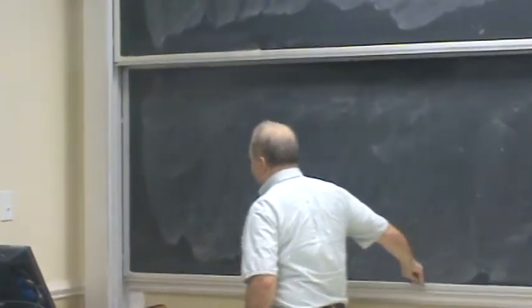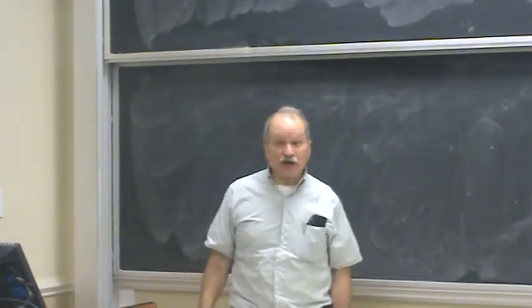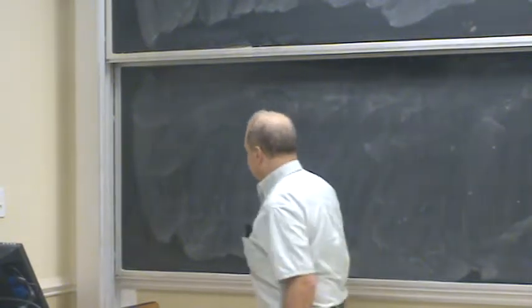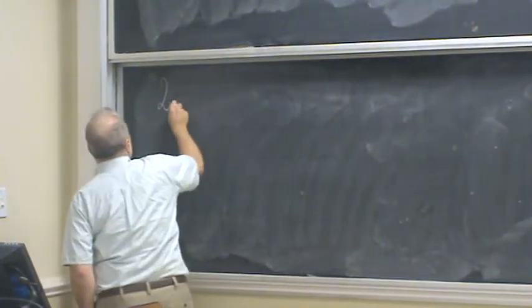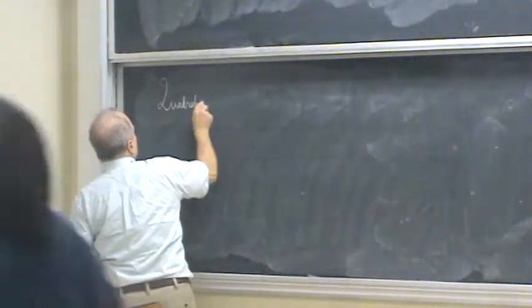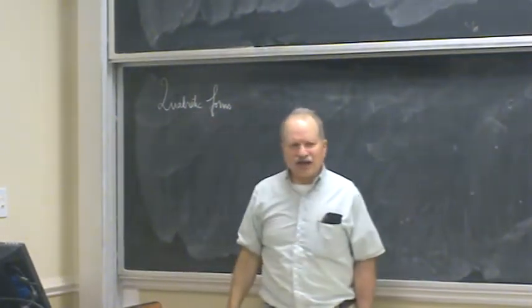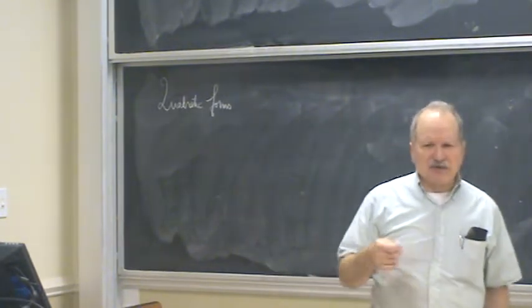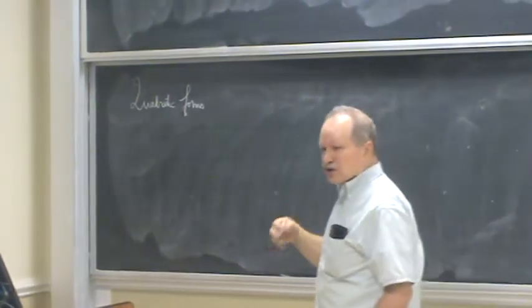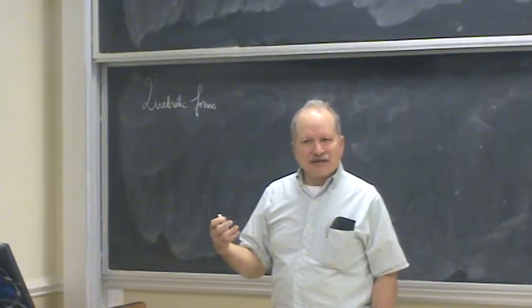So I want to talk today about quadratic functions. Now, for reasons that are historical that I do not know precisely, mathematicians have been calling these quadratic functions quadratic forms.